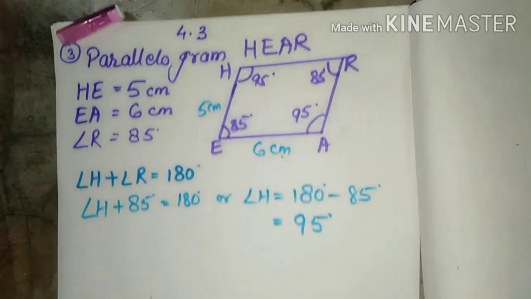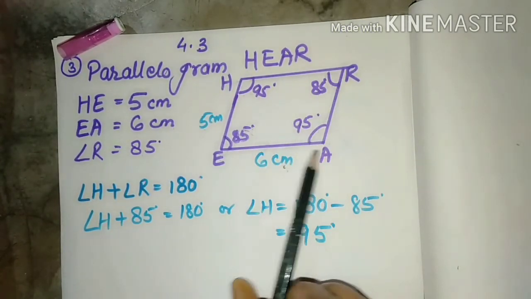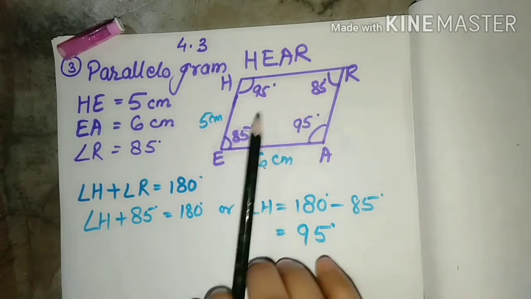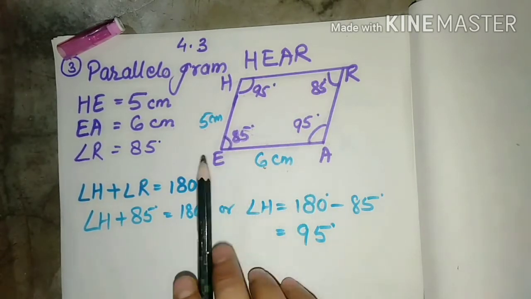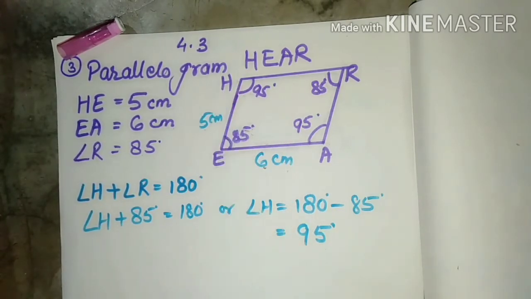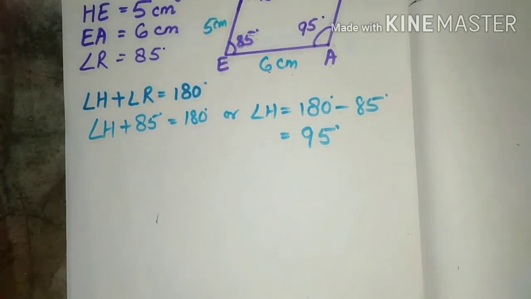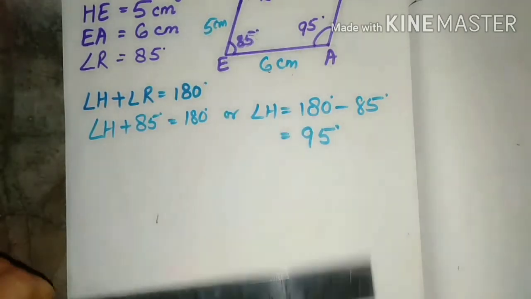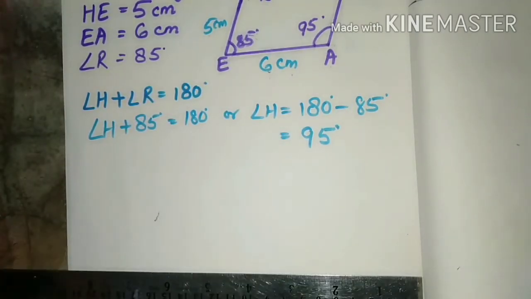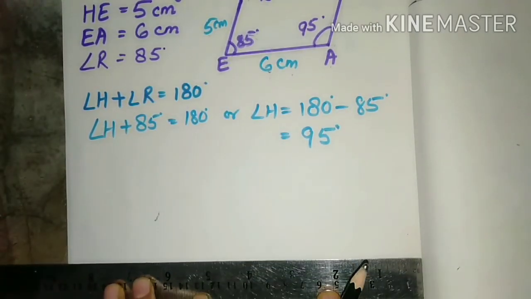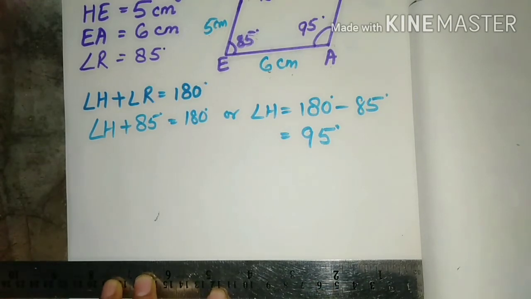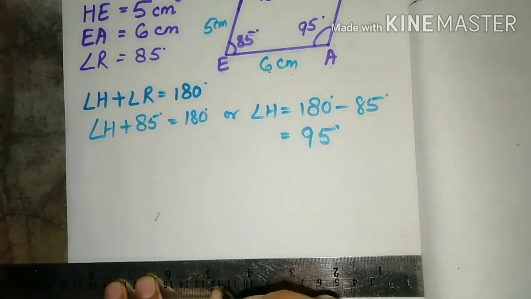And drawing the rough figure, as the rough figure is that of a parallelogram, we can draw it with EA as 6 centimeter and HE as 5 centimeters. Now let us construct it. For the construction, you have to first draw EA as 6 centimeter.